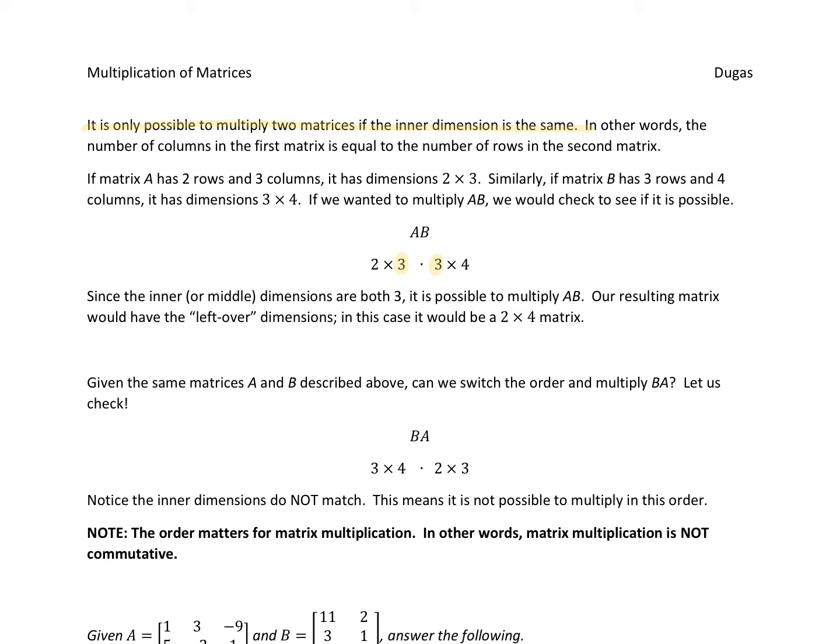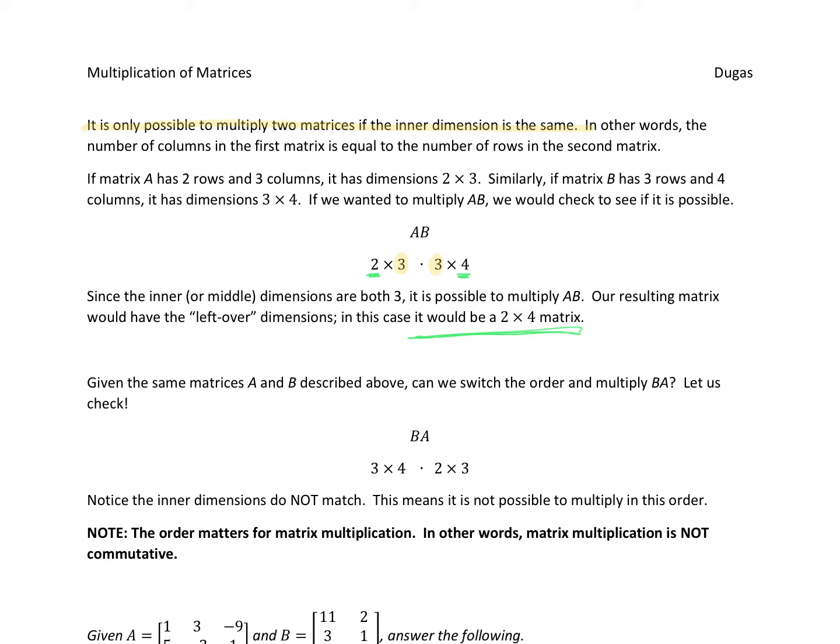That means it is possible for me to multiply A times B. The resulting matrix is going to have dimensions of the leftover pieces. So 2 rows and 4 columns, meaning a 2 by 4 matrix, will be the dimensions of our resulting matrix, or our product.